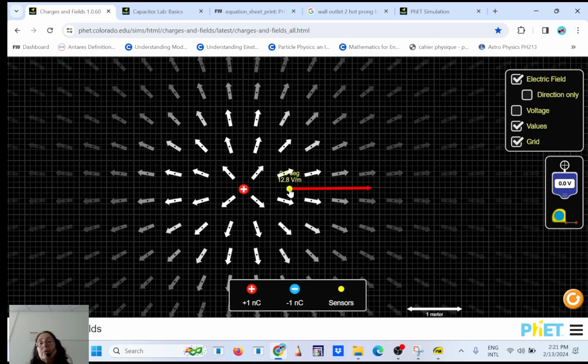It makes sense here. If you go very close, it's going to be pushed away very strongly. As you move away, you see the force decreases. So the definition for the magnitude of the electric field is the force per unit coulomb. That will be the electric field.